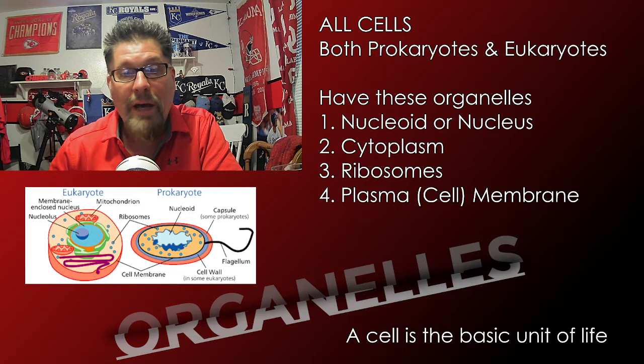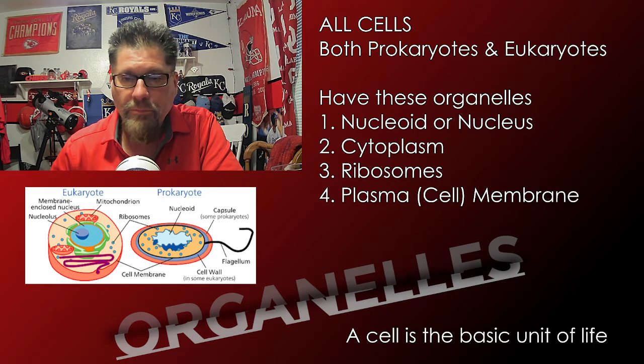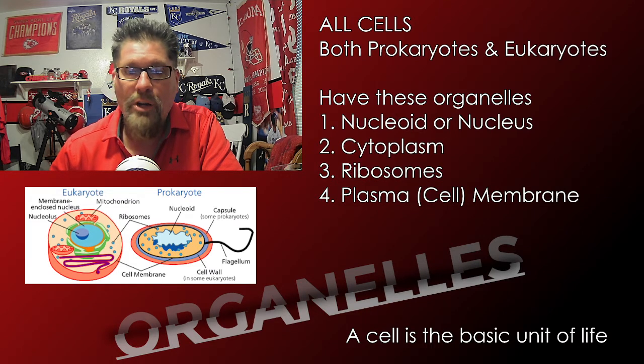They all have cytoplasm, the material that all the organelles, everything within the cell, kind of resides in. You can think of packing material, whether it's shredded paper, packing peanuts, or styrofoam, they just nestle into that to keep them safe.